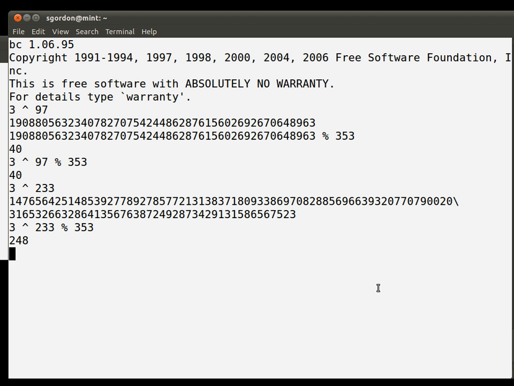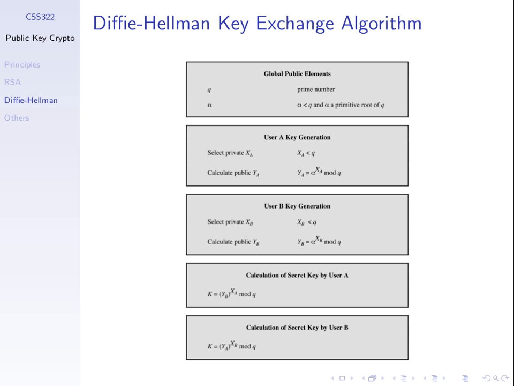If we go back to our algorithm, those two steps were the key generation at each user. Now each user calculates a secret K equals YB to the power of XA mod Q. YB equals 248.